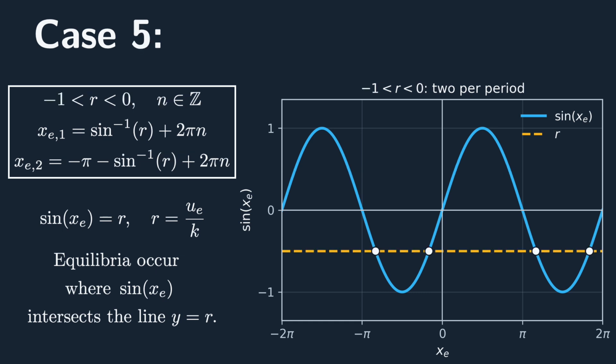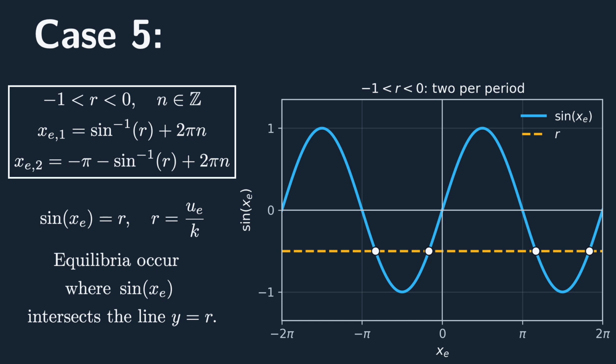Finally, consider r between -1 and 0. Again, the horizontal line cuts the sine curve twice in each 2 pi period. One solution is the principal value xe equals sine inverse r. For r between -1 and 0, this lies between minus pi on 2 and 0. The other solution comes from the symmetry of the sine curve between minus pi and 0. Since sine inverse r is negative, minus sine inverse r is positive.